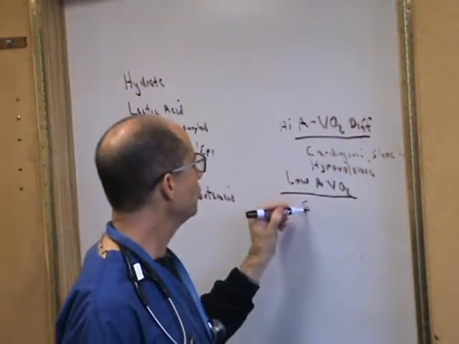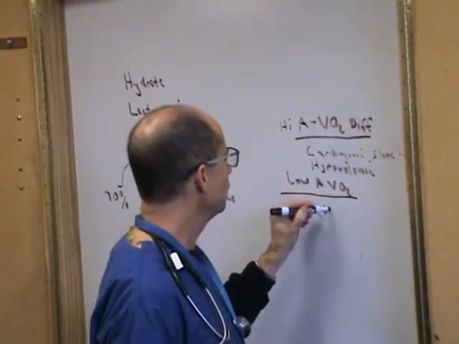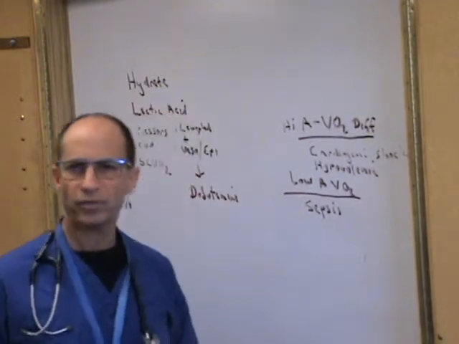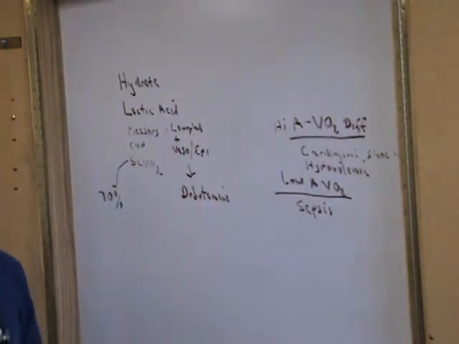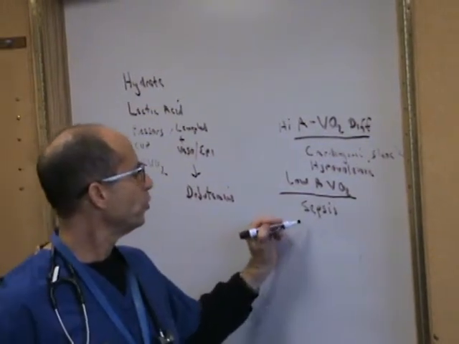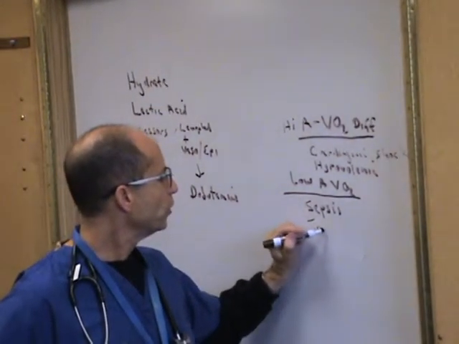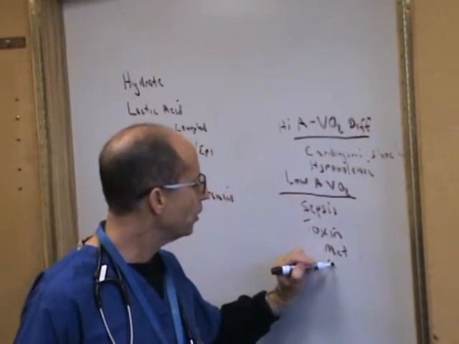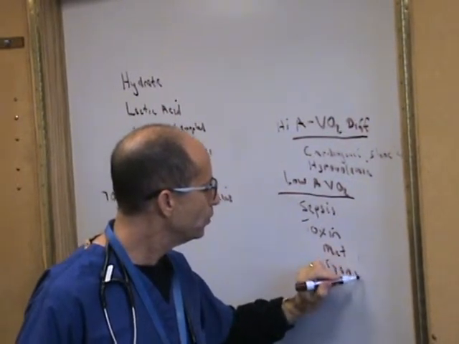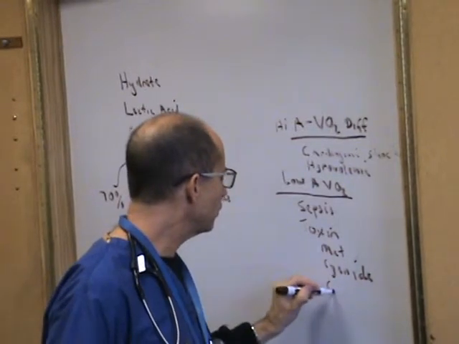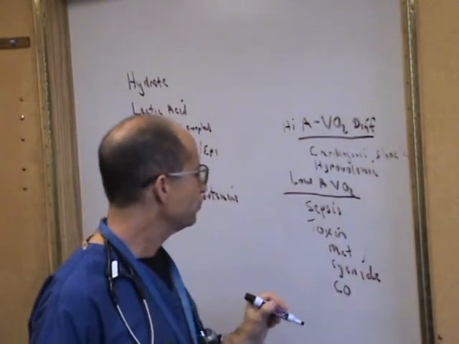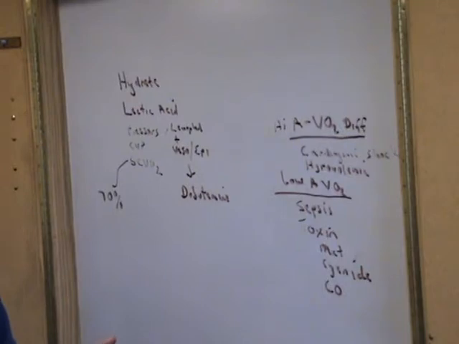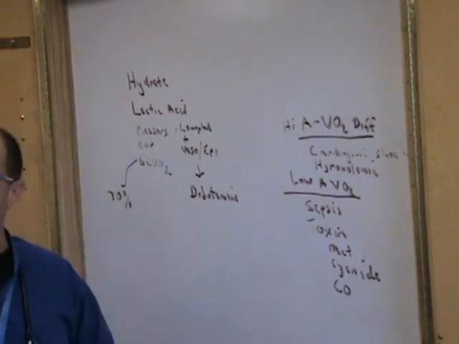And sepsis here, with the proposed mechanism being lack of oxygen uptake at the mitochondrial level, so your AVO2 difference stays small. The other things that do it are all your toxins, like methemoglobin, right? Cyanide, carbon monoxide. Anything that keeps you from delivering oxygen to the tissue is going to diminish your AVO2 difference.